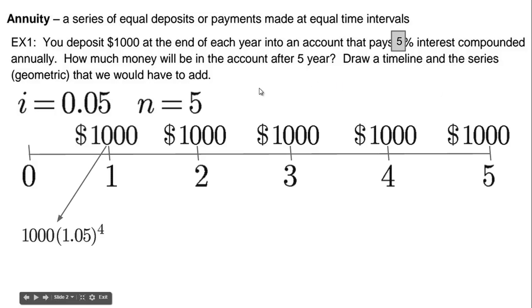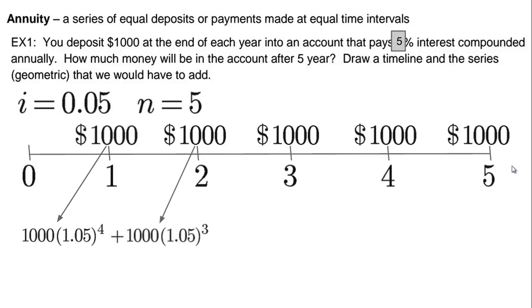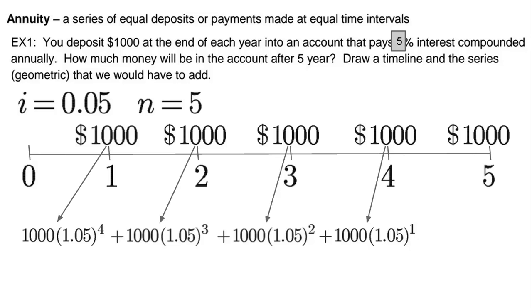It's been in the account 4 times: 1, 2, 3, 4. The second one is 1,000 times 1.05 to the 3. The third one is 1,000 times 1.05 to the 2. And to the 1, and then again it just got there, so it's just 1,000. And then we just add up each of these 5 payments.